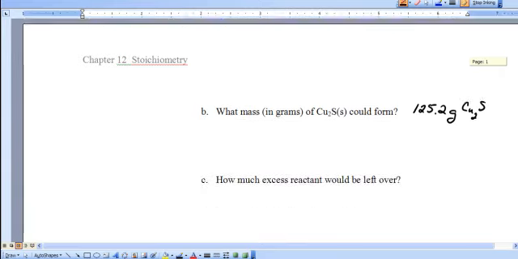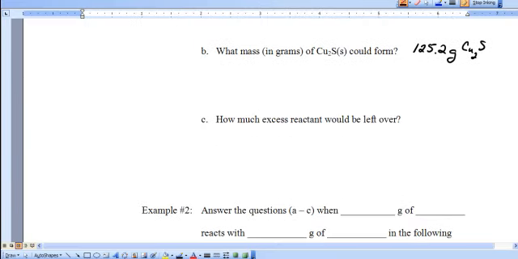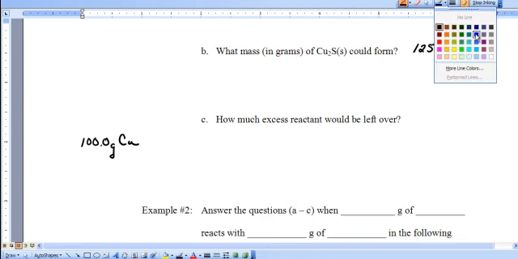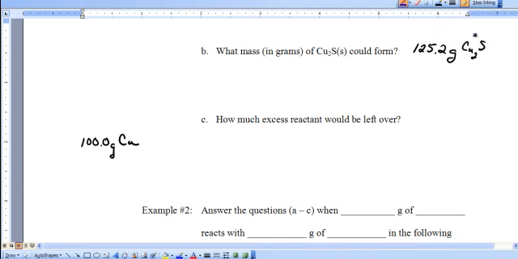Scrolling on down. We start off with 100 grams of copper. We use our molar mass to change it into moles. Everything gets changed into moles. 63.55 grams per mole. So our grams of copper divide out.